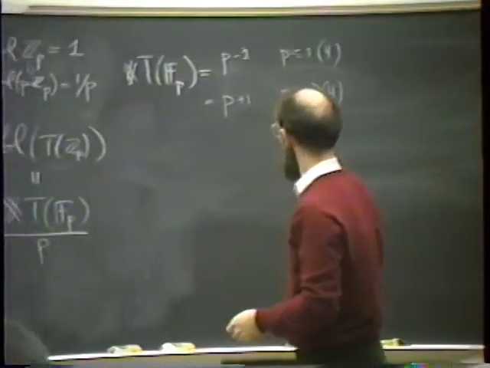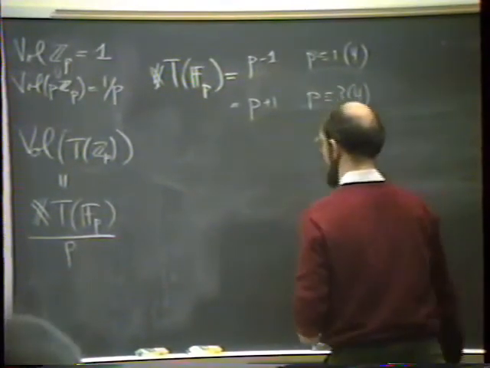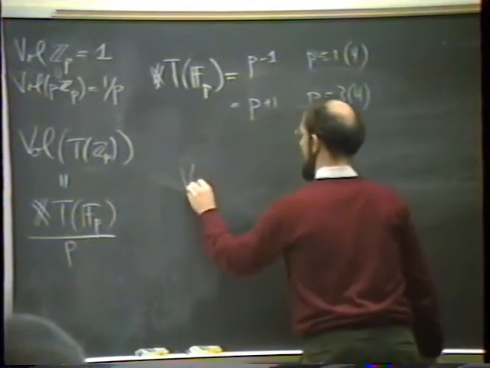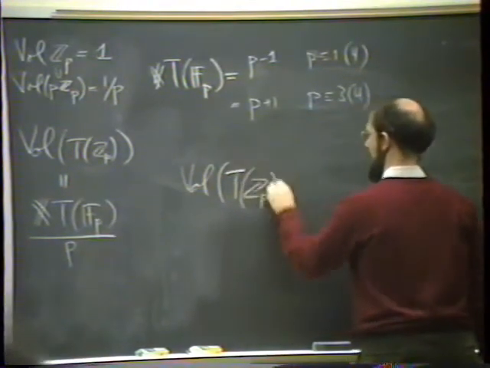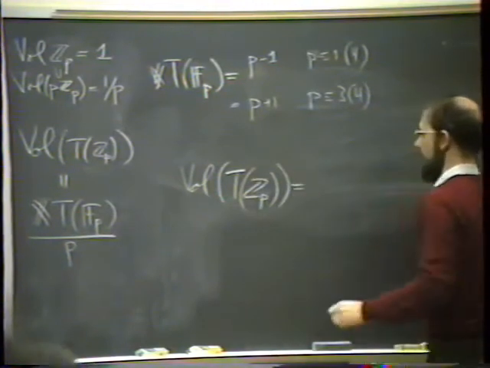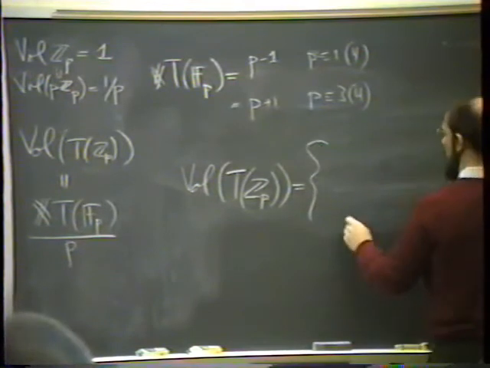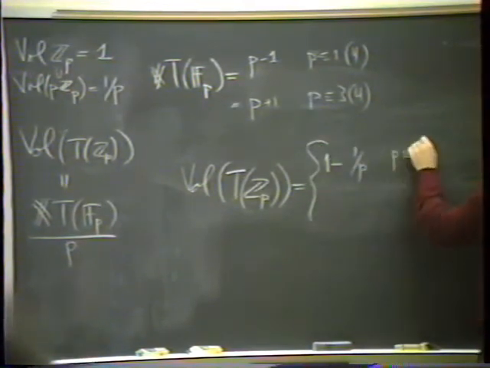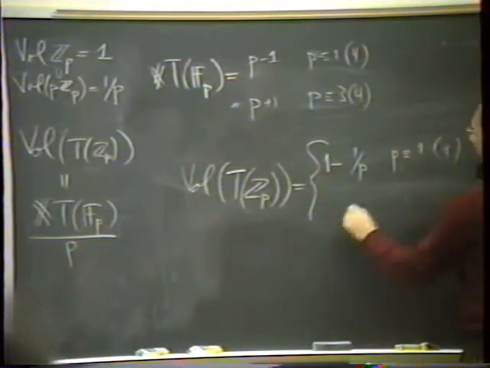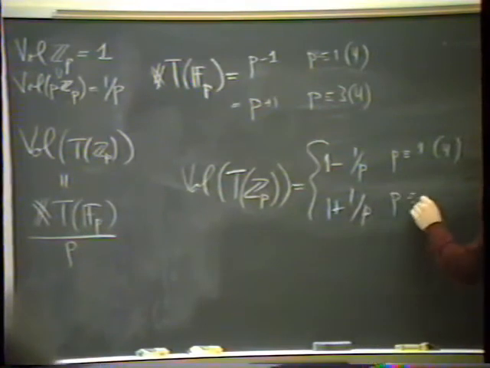Okay? So, therefore, the volume of T of Z_p is equal to 1 minus 1 over p, if p is congruent to 1 mod 4, and it's 1 plus 1 over p, if p is congruent to 3 mod 4.